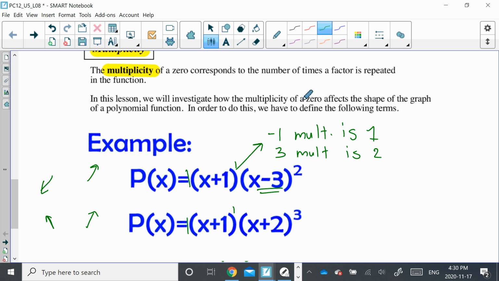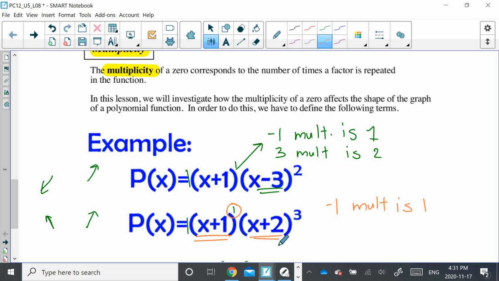If we did this example, this will give you a 0 or an x-intercept of -1. So the 0 is -1. The multiplicity is going to be 1.